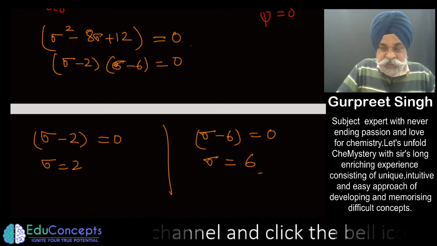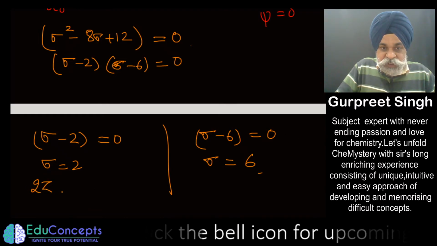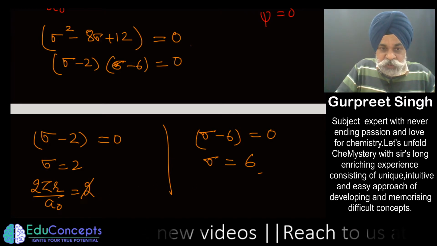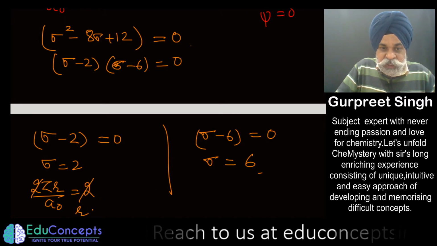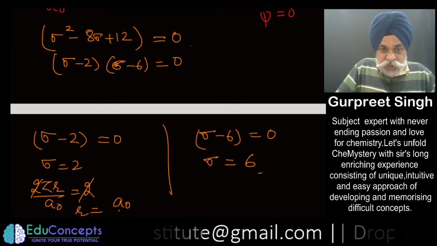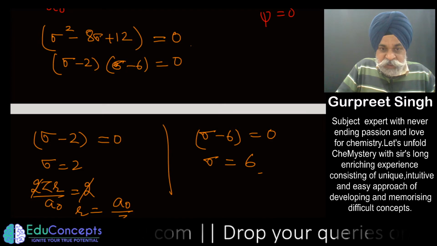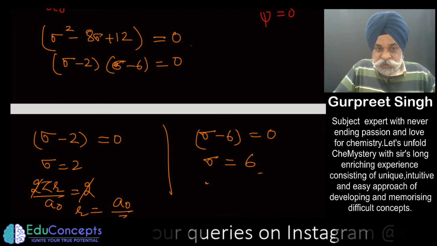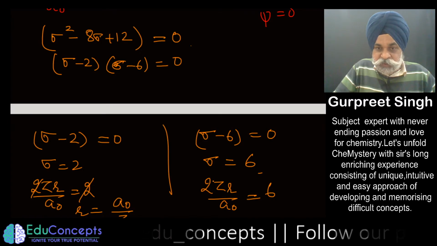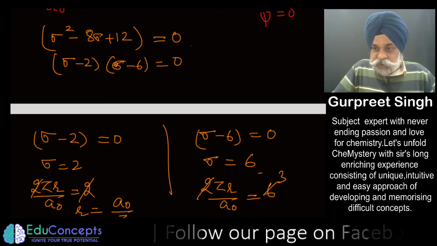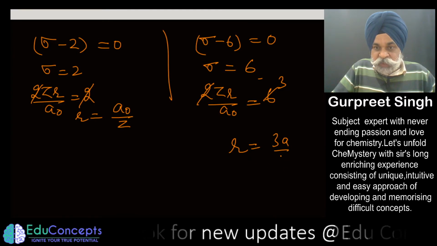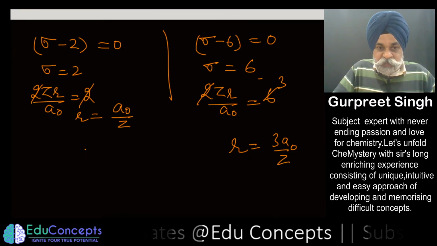So what is delta? Delta was 2zr upon a naught, equal to 2. So for this, r is equal to a naught upon z. Another one is 2zr upon a naught equal to 6, so this becomes 3, and r becomes 3 a naught by z. So what do I mean by it?